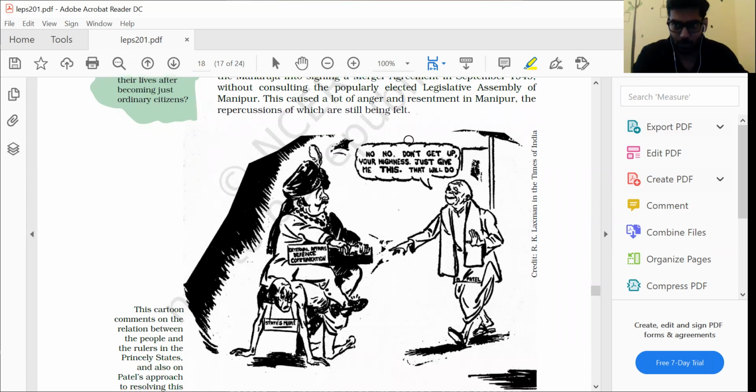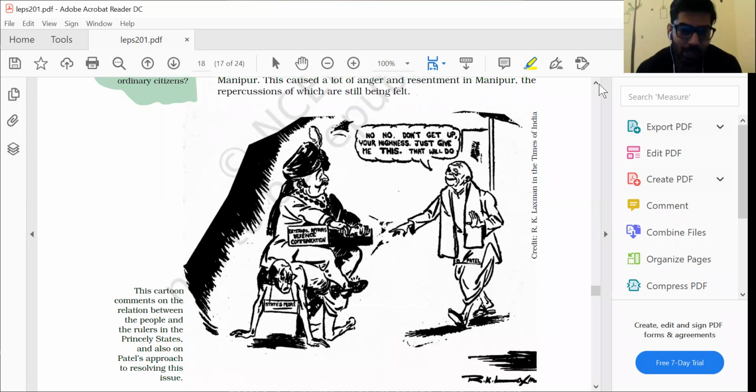So this beautiful cartoon. Sardar Patel is talking to the king and saying, "No, no, don't get up, Your Highness. Just give me this. That will do." So he's saying that your external affairs, defense, and communication, this suitcase is having these matters. The king is sitting on his people, he is ruling over them.